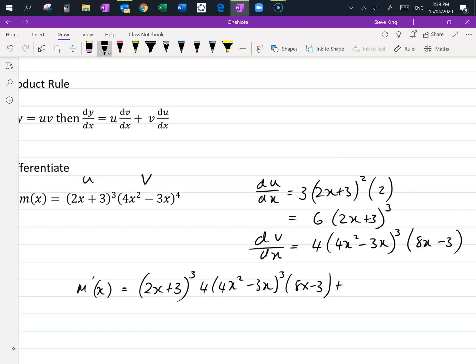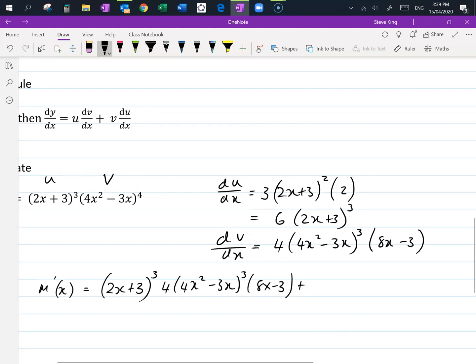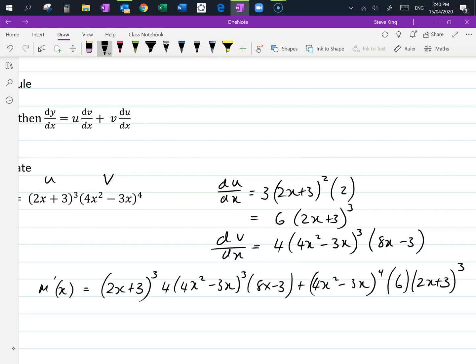And to it, I must add v, which is (4x squared minus 3x) all to the power 4, times du dx, which is this thing over here, 6 times (2x plus 3) to the power 2.